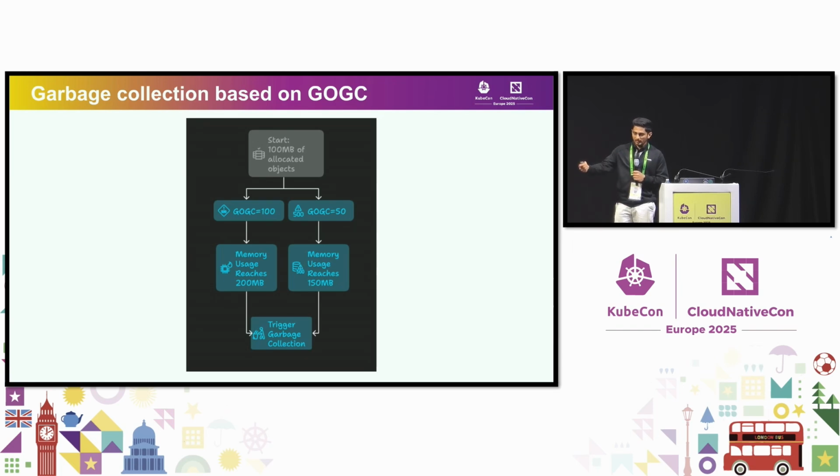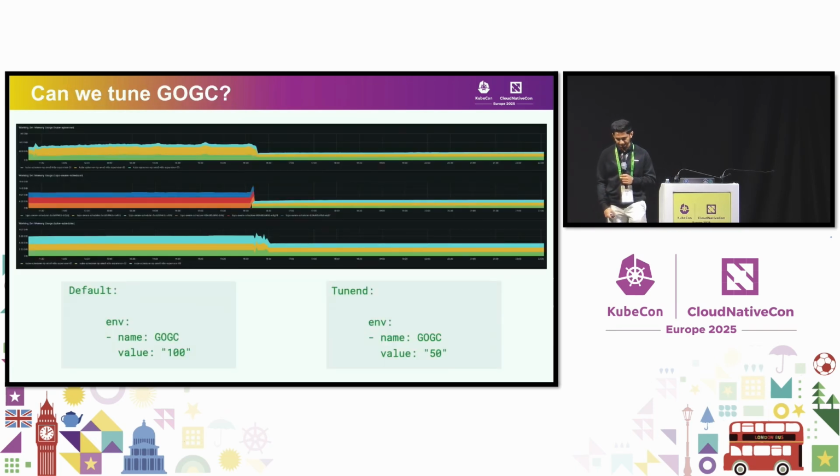You can see on the right, if you set GoGC to 50, the Go garbage collection will be triggered when the utilization reaches 150. So comparing both of them, we can clearly see that setting GoGC to 50 made Go garbage collection more aggressive.